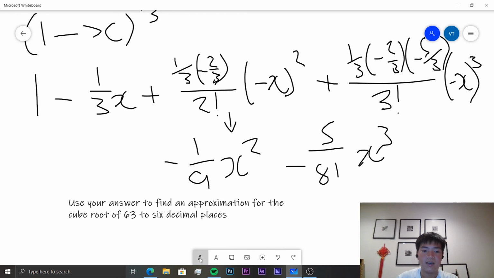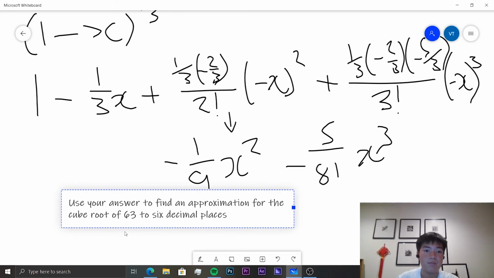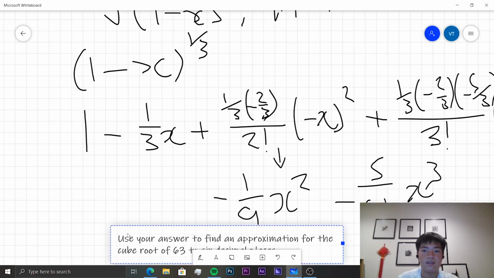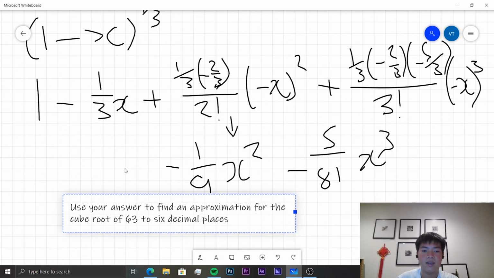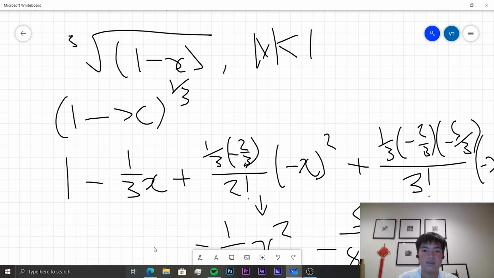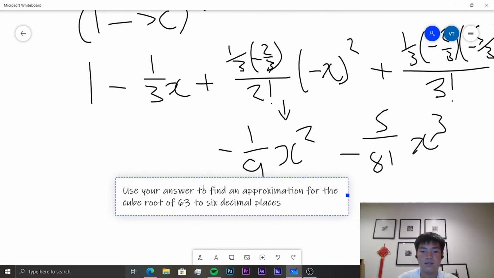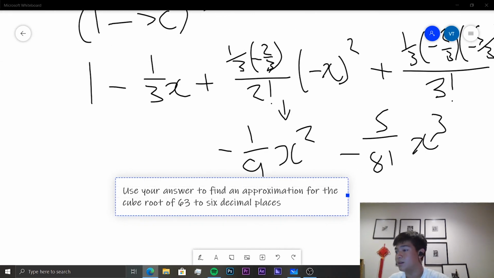Okay, so cube root of 63, 1 minus x to the cube root. So in this, this is out of bounds. x is less than or equal to 1. Oh, okay, no, I understand how to do it.